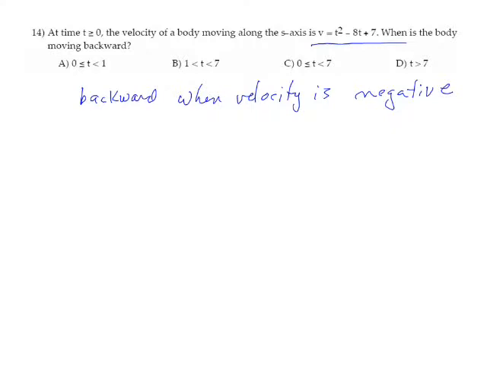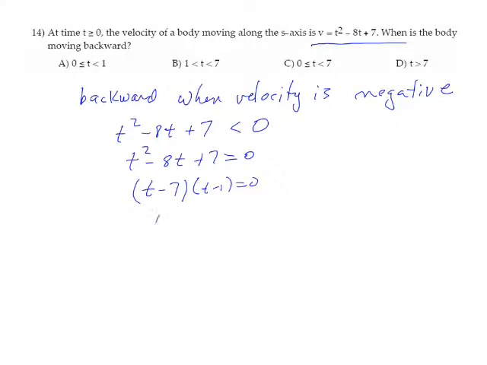So, in order to see where t squared minus 8t plus 7 is less than 0, we need to solve t squared minus 8t plus 7 equals 0 and find the points where the velocity is 0, and that's t minus 7 times t minus 1 equals 0, so that's at t equals 7 and t equals 1.